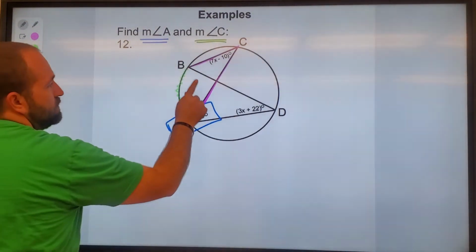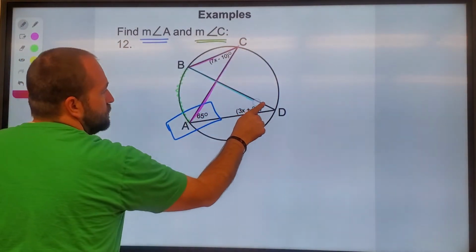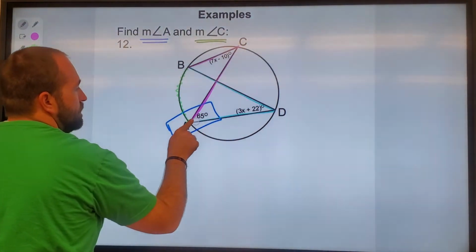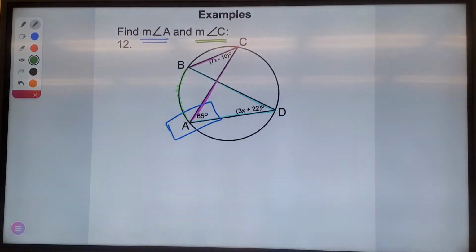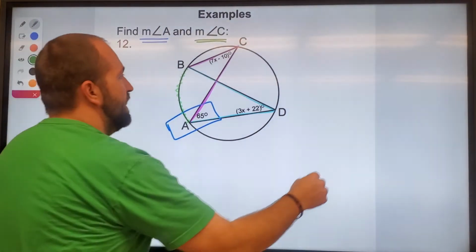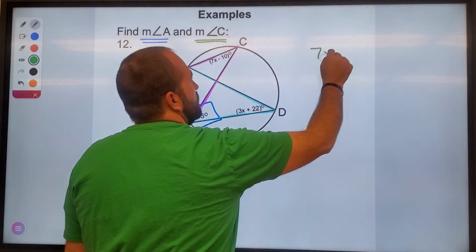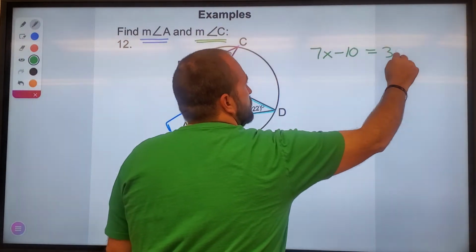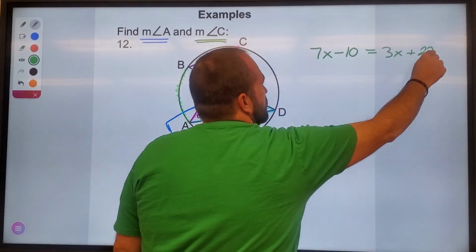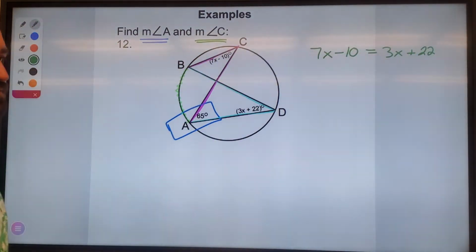And if I look at angle D now, angle D also has the same intercepted arc. So because they have the same intercepted arc, those two expressions are equal to each other, which means that I have 7x minus 10 equal to 3x plus 22.